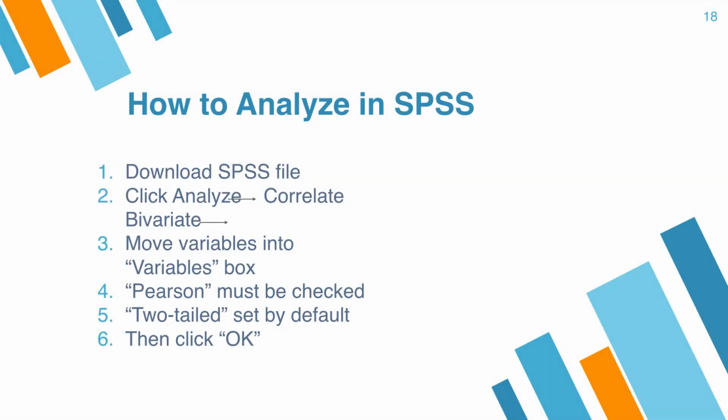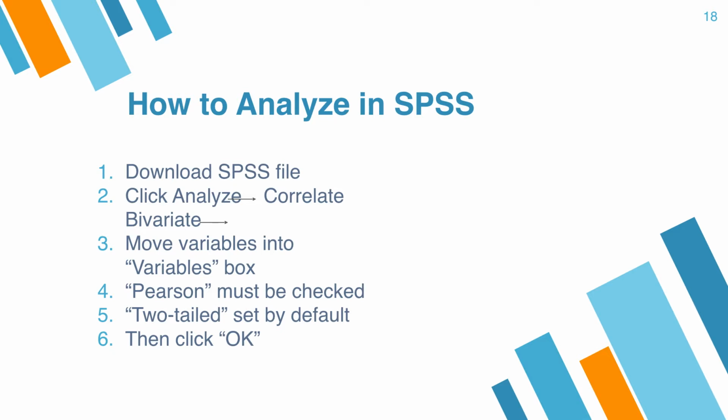So how we would do this in SPSS if we had to is that we would download the SPSS file, click Analyze, Correlate, then Bivariate. When you get to bivariate, you're going to see a lot of spaces, but you really just need the variables box.